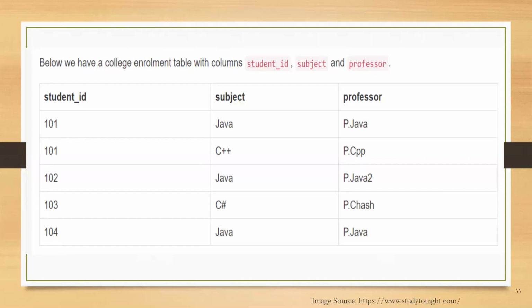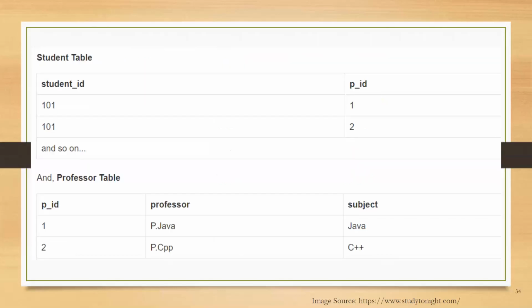To satisfy BCNF, we need to decompose this table into two tables, that is a student table and a professor table. The student table will have the student ID field, and there will be something called PID, that is professor ID, which is going to be a foreign key, and it is going to be the primary key in your professor table.